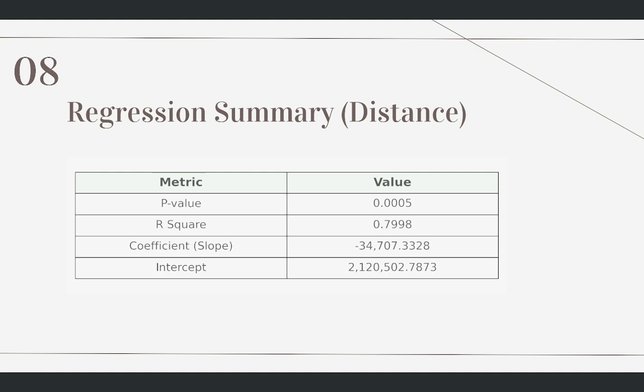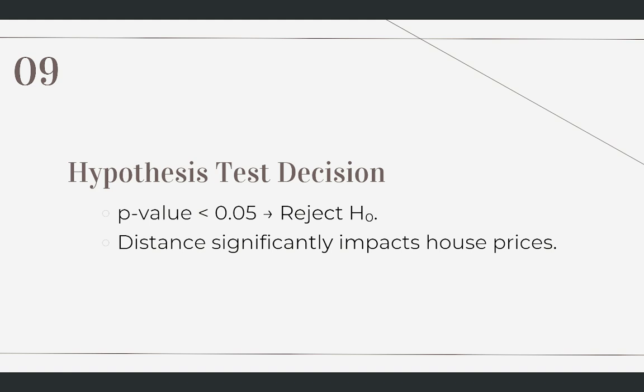These results clearly show a strong negative relationship. Since the p-value is less than 0.05, we reject the null hypothesis. We can conclude that distance to the CBD significantly affects house price in Sydney.